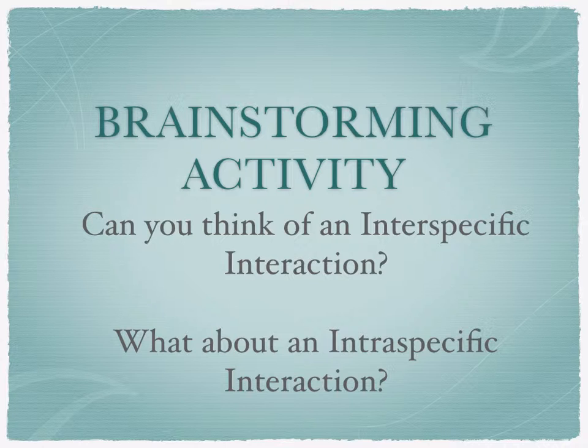An example of an intraspecific interaction, or an interaction between individuals of the same species, is competition for space or food. Although two hermit crabs are from the same species, they're still competing for space to live and food to eat. And reproduction is another example of an intraspecific interaction.